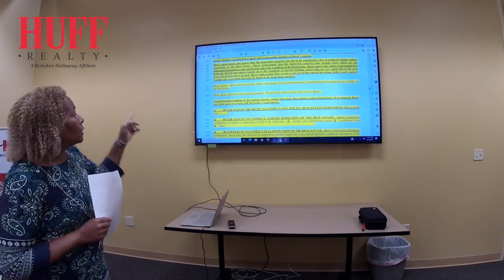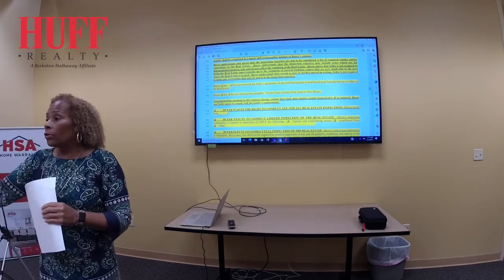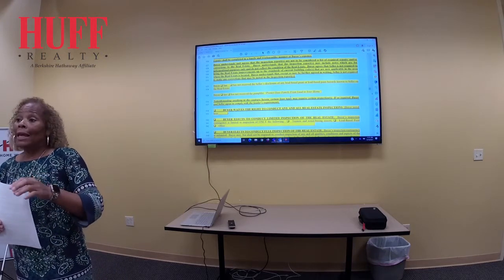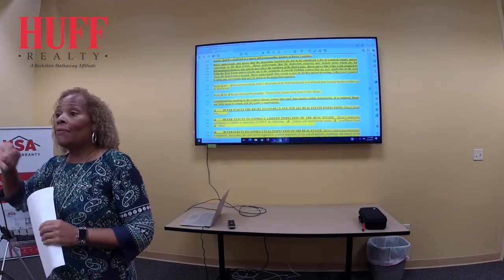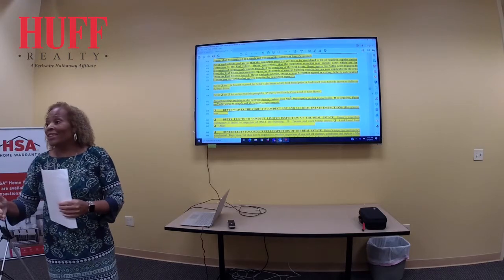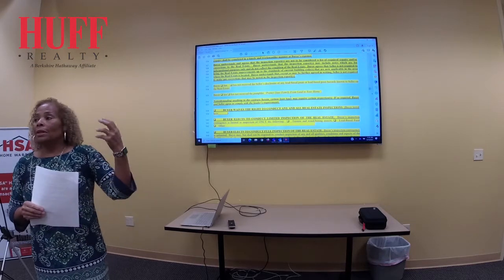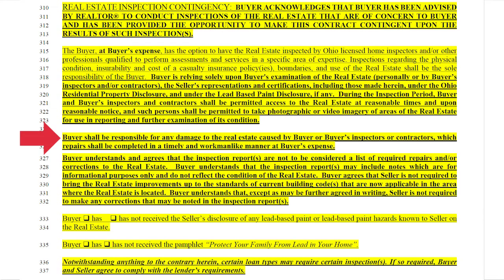And it also says, and I'm not sure where, I might have passed it up, that if there are repairs they're going to request, they have to provide the excerpts from the inspection report that show what is defective. So you're going to have to substantiate any repair request with documentation that it was actually identified as a defect. Of course, it says buyers shall be responsible for any damage to the real estate caused by themselves or the inspectors. That's always been the case.